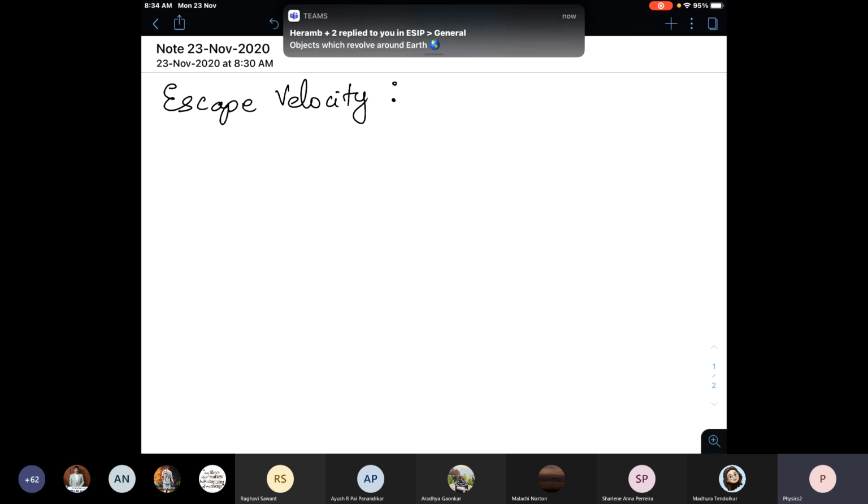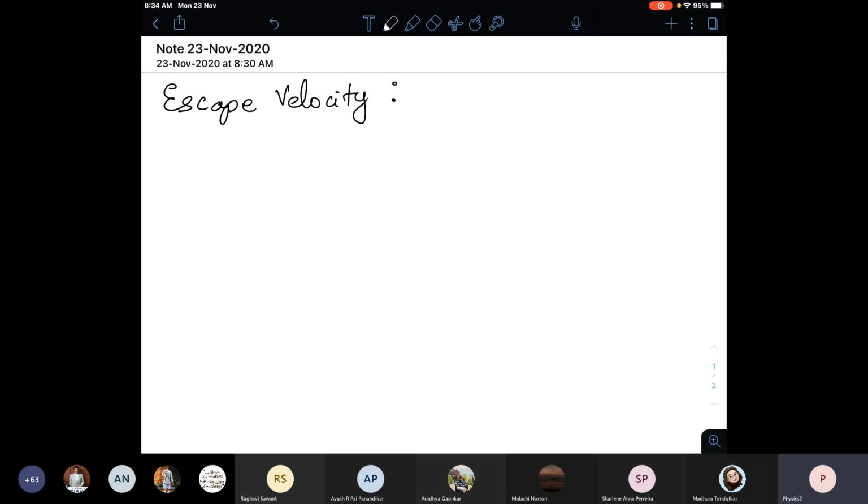Escape velocity. So you must have heard that there is a certain threshold of speed. I guess my network is lagging a bit, but no problem.